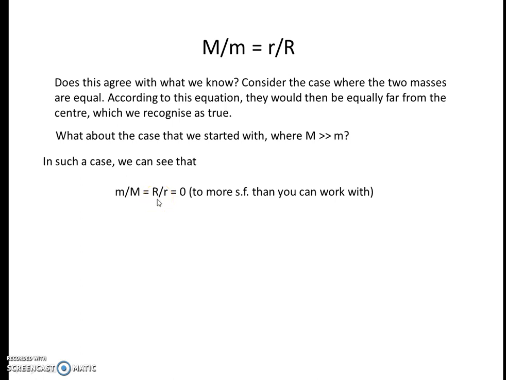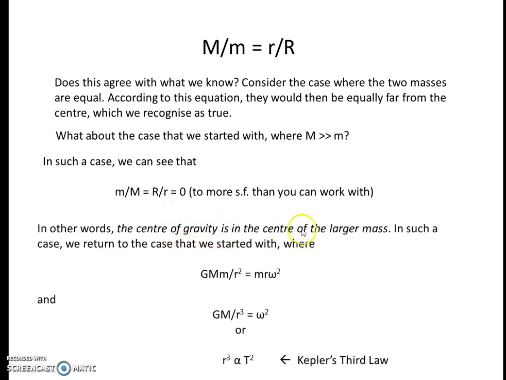What does that mean? It means that the center of gravity is the center of the larger mass. In such a case, therefore, Rg will be equal to Rc. We can then collate them all together into this form, and that gives us r cubed is proportional to T squared, which is what you have learned as Kepler's third law.